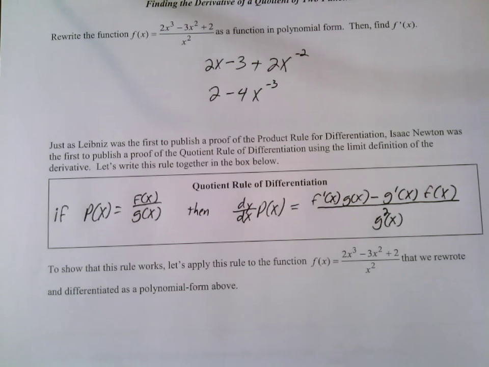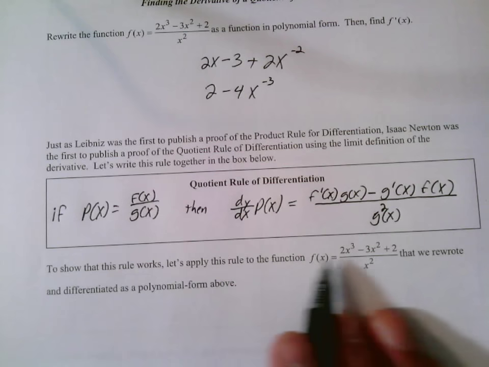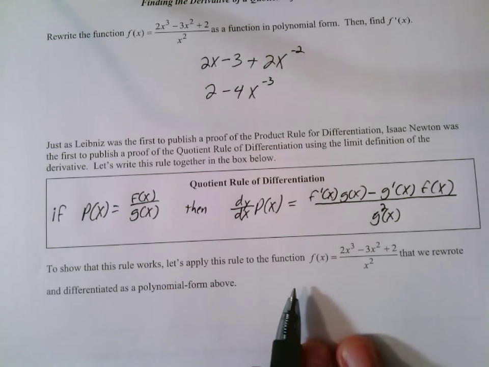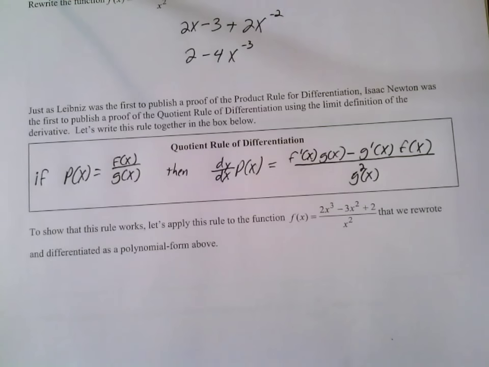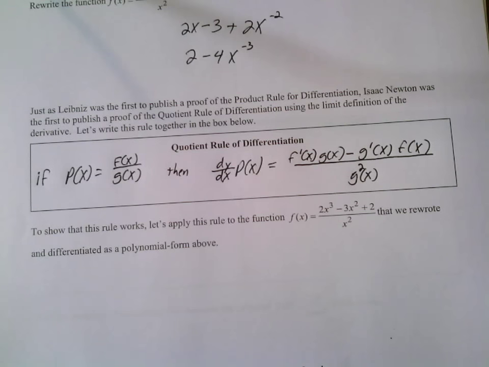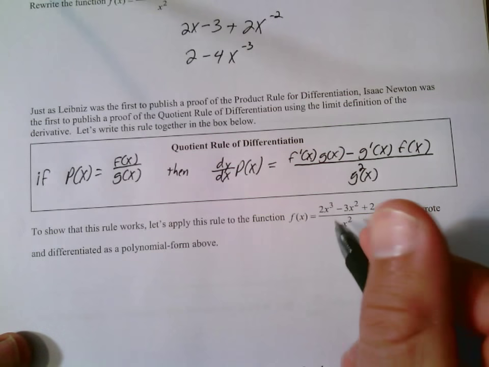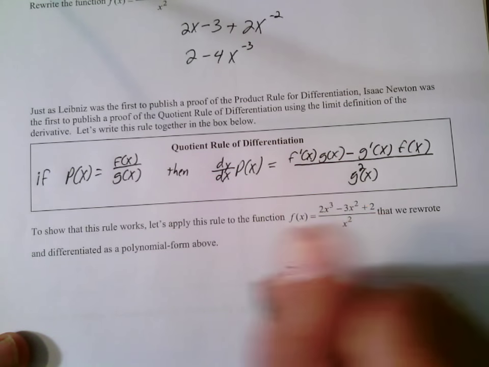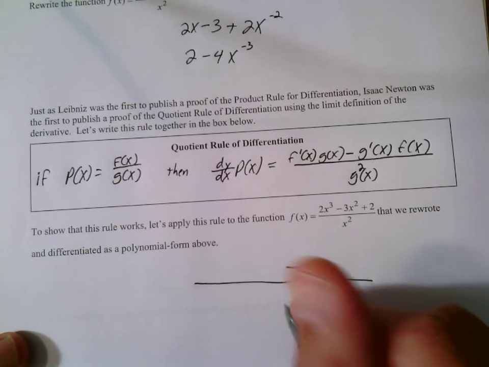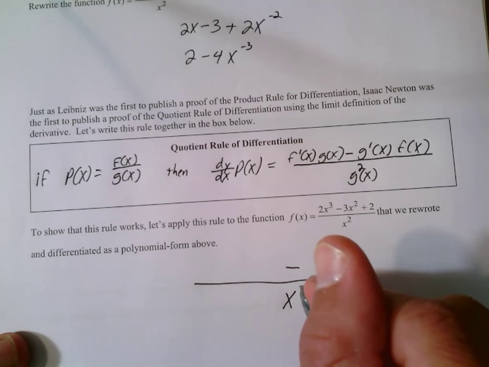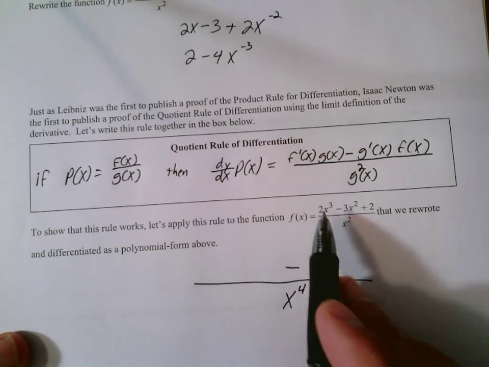Alright, so now let's just show it works and apply it to this same function. This is not going to save us any time in a polynomial function. If you see this function, please use division and divide it using the power rule. But let's take it. So we'll go the denominator squared. So I'll go the derivative of the top.